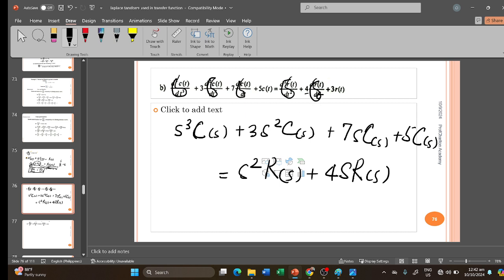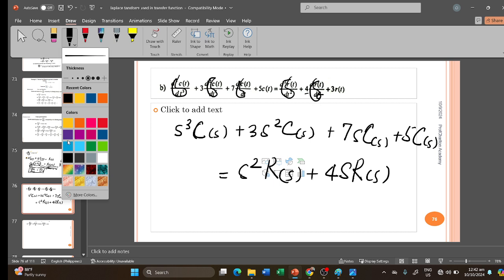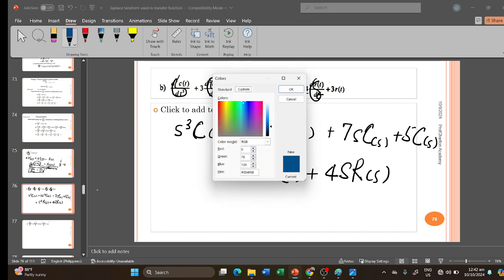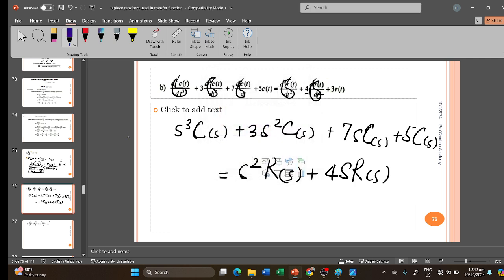So we have to identify the common term, and the common term is this, right? Now C(s), C(s), C(s), C(s), R(s), R(s).